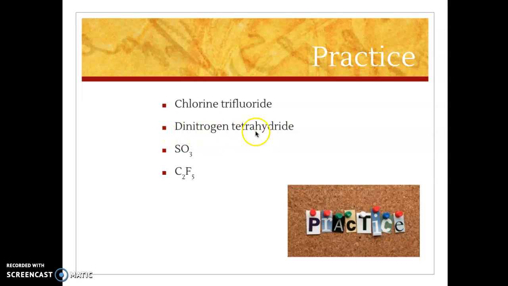Again, when you see the prefixes, they turn into the subscript in the chemical formula. So nitrogen would have a 2 because of the di, so it'd be N2, and tetra means 4, so it'd be H4, so N2H4. All right, now going the other direction, if given the formula, we want to write out the name. So these are both nonmetals.